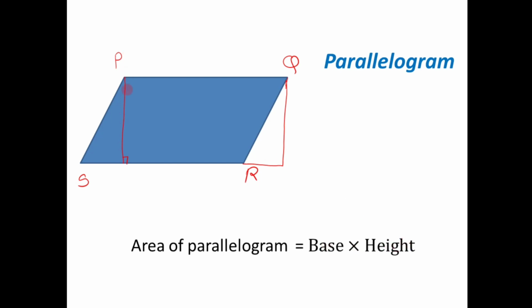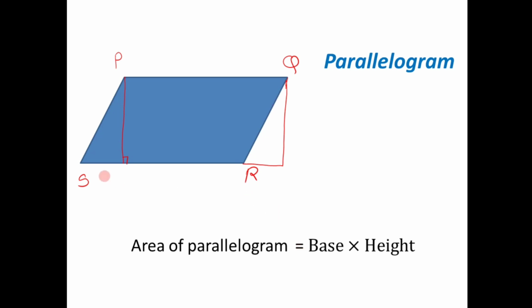If we cut this triangle and join it in the remaining portion, we get a rectangle, and for that we have PQ as the length and this part as the breadth. So we can treat QR as the breadth of the parallelogram and PQ as the length. We get the same formula as the rectangle, length into breadth.